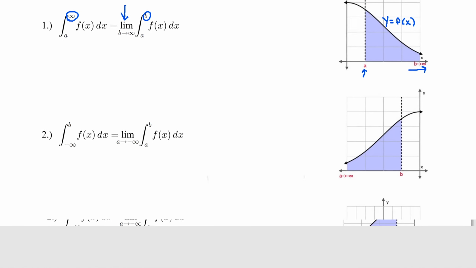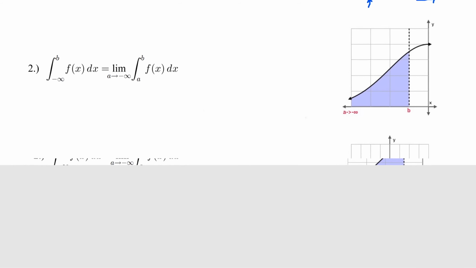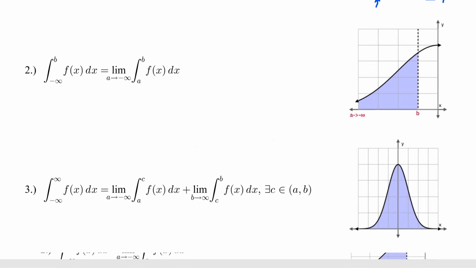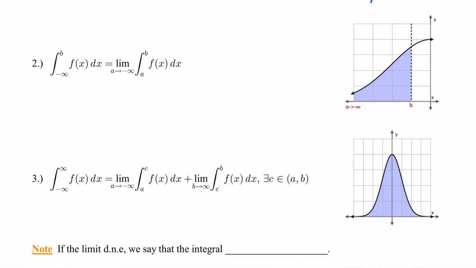Now, this situation may occur on the lower limit of integration as well. Consider case 2, the integral from negative infinity to b of f of x dx. Again, what makes this integral improper is this infinite lower limit. This integral represents the area between the curve y equals f of x and the x-axis from an indefinite lower limit to a finite upper limit of b.